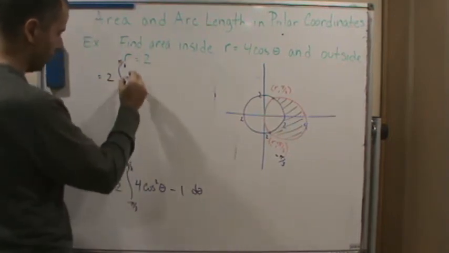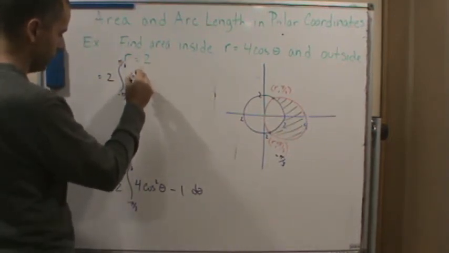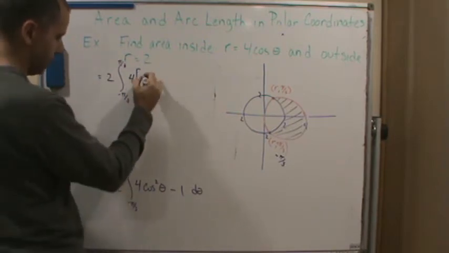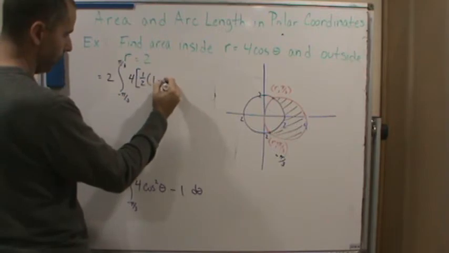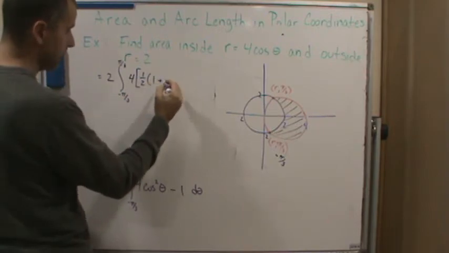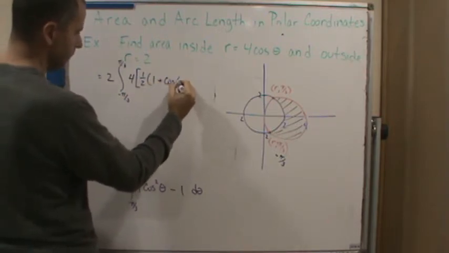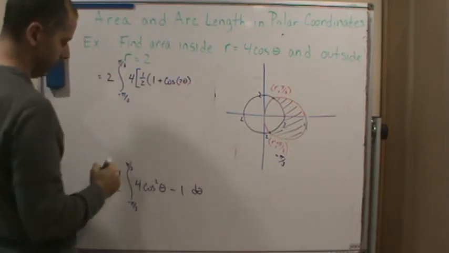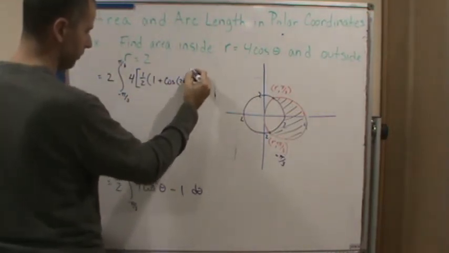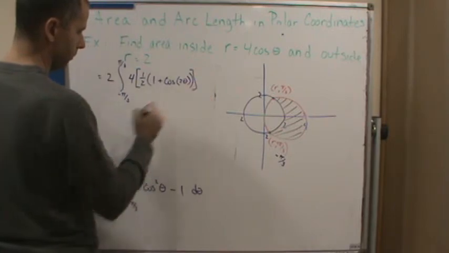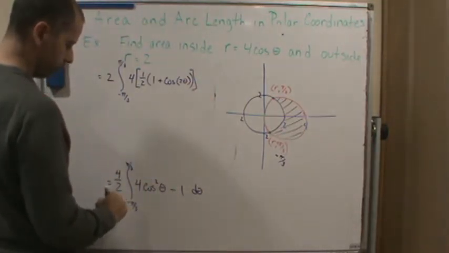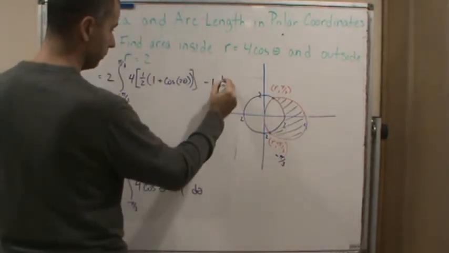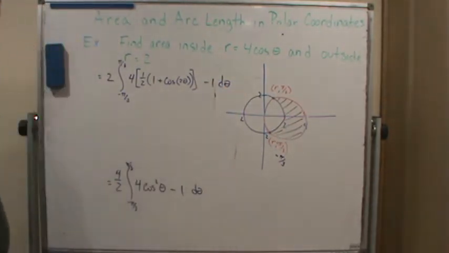And so this is going to become 4 times, this is going to become 1/2 times 1 plus cosine 2 theta minus 1 d theta, right?